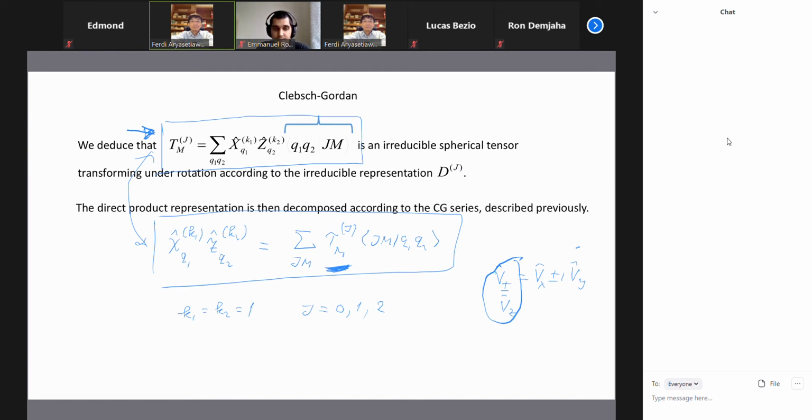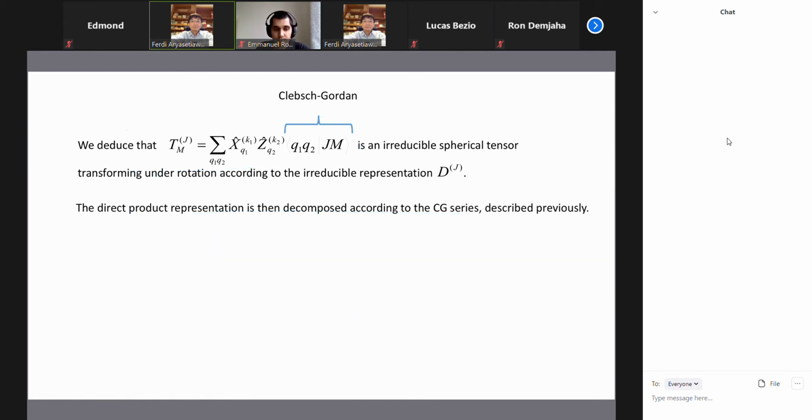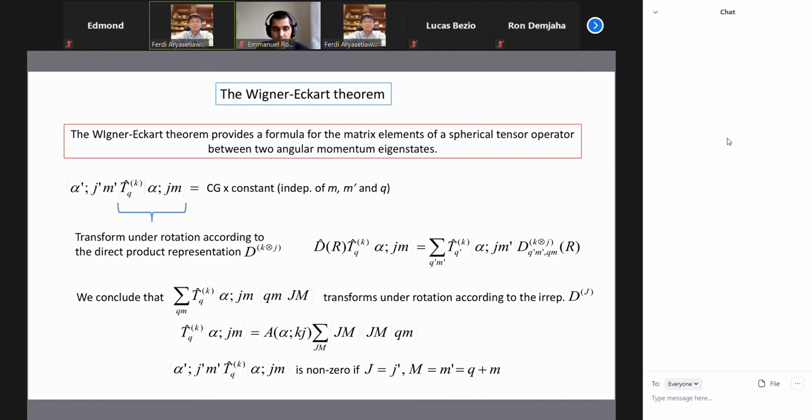Okay, so now we want to do the last part here, which is the Wigner-Eckart theorem. The Wigner-Eckart theorem is a very important theorem which provides an expression or formula for the matrix elements of a spherical tensor operator between two angular momentum eigenstates.